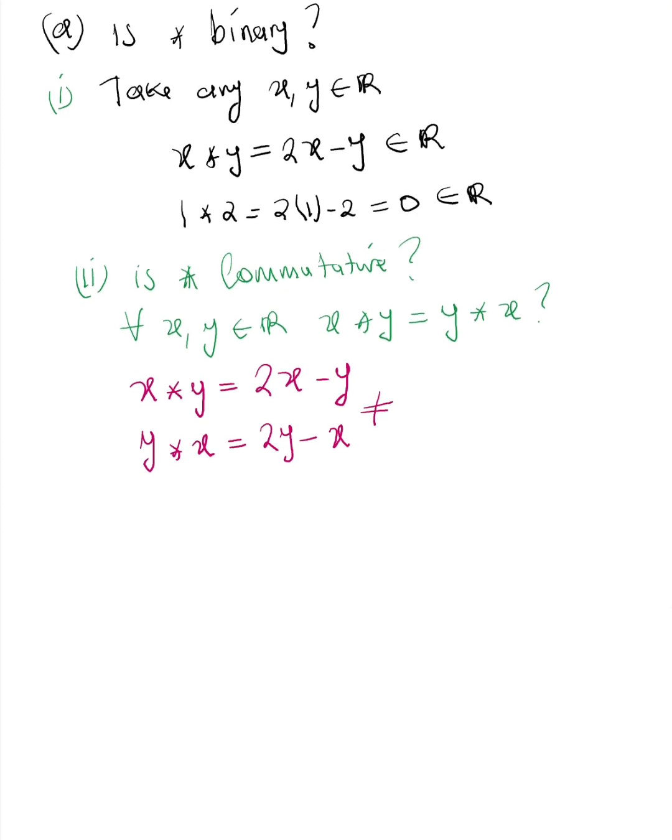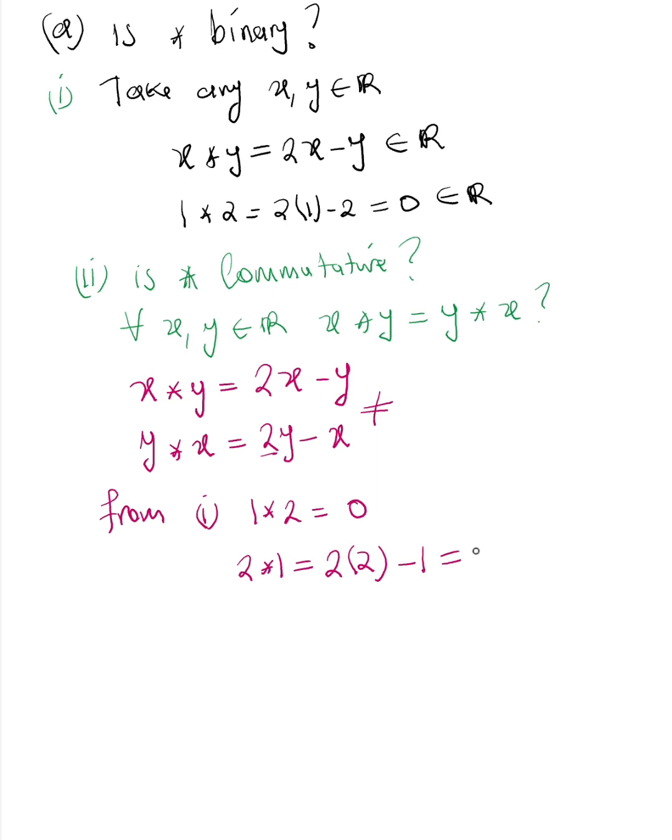For example, we said in A, from 1, that 1 star 2 is equal to 0. Now, what is 2 star 1? 2 star 1 means twice, in the definition, twice y, which is 2, then minus x, which is 1.